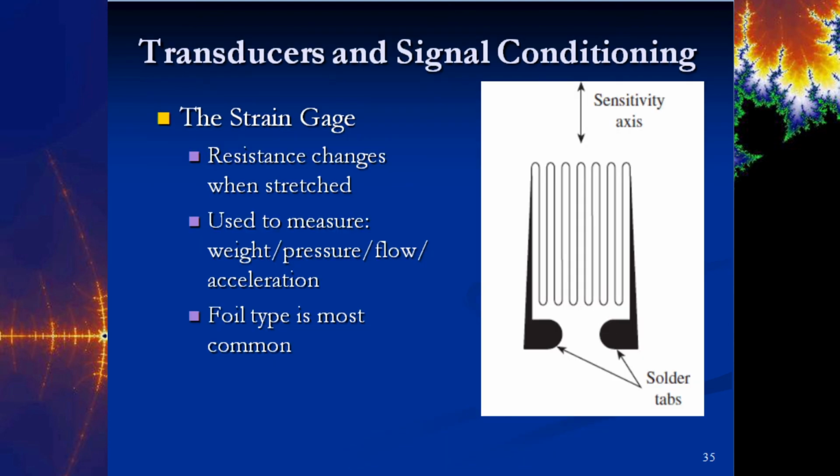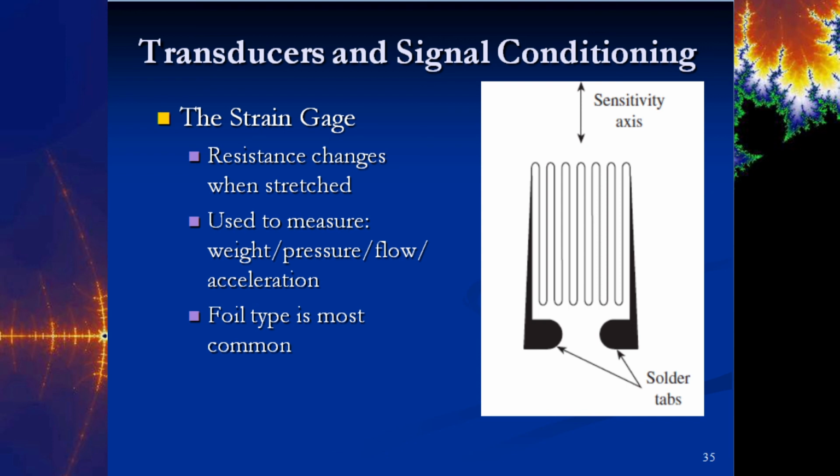Another gauge that we used all the time and we calibrated all the time is called a strain gauge. And so you have sort of a grid pattern here. It's not really a grid pattern, but almost looks like an exaggerated sine wave or something like that. But anyway, it's all connected together, and you have what's called a sensitivity axis.